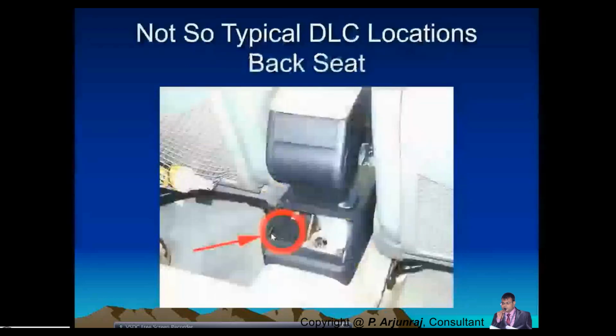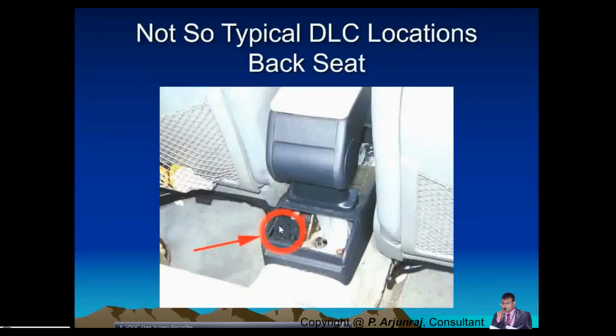Now we are dealing with engines, so basically you can do the engines as well. The location of the DLC can also vary, but mostly it is typically near the pedal of the driver. Sometimes it can even be at the back seat. It depends from vehicle to vehicle.